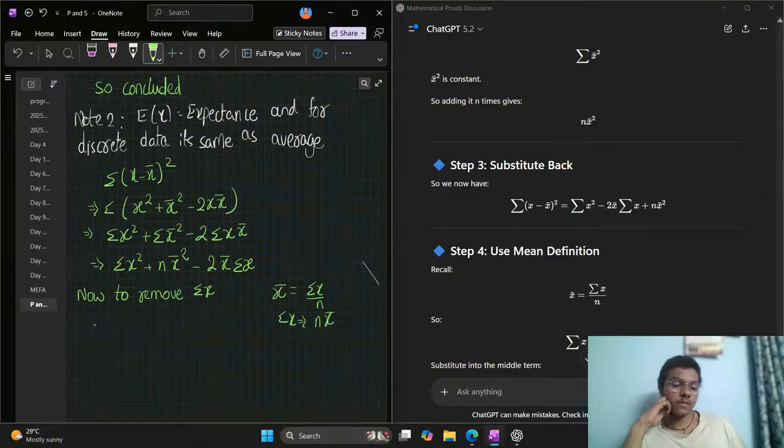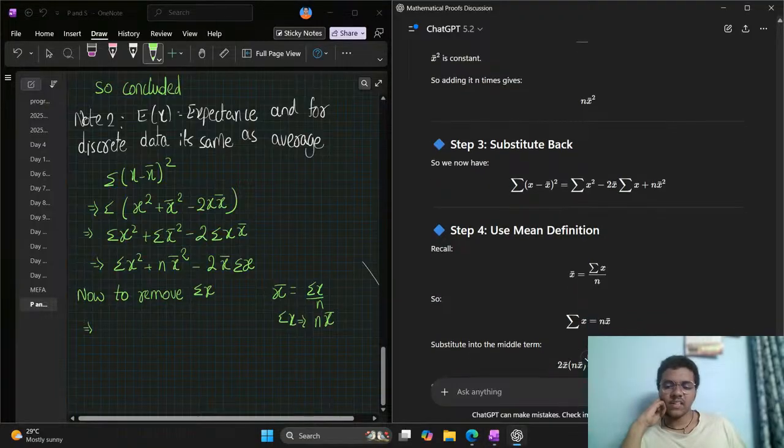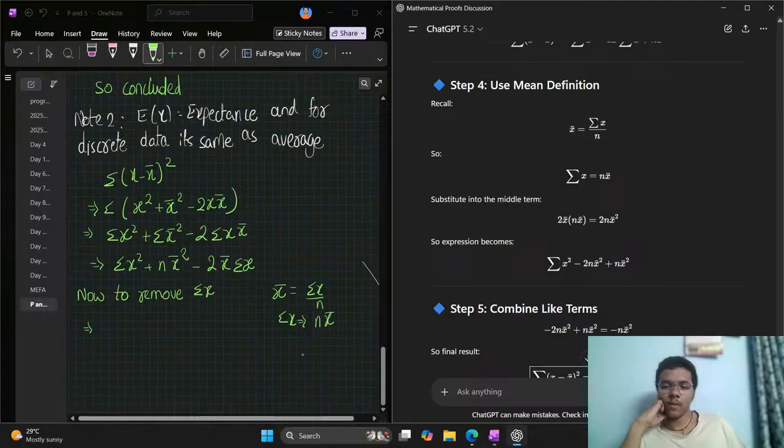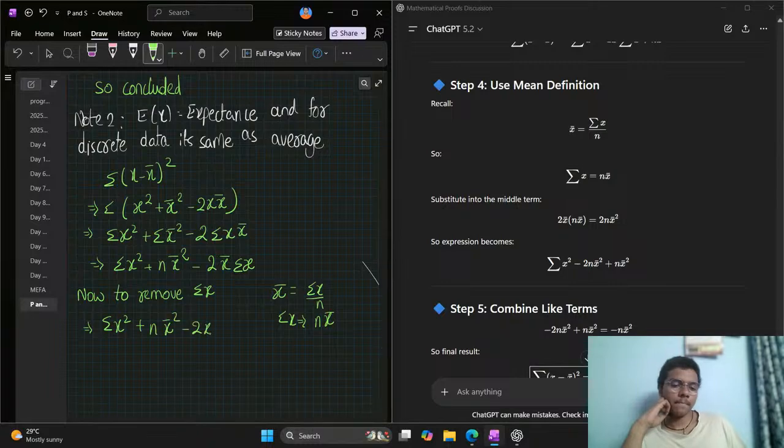It is as simple as that. So for sigma x square, you don't need to mess with it. You just need this, sigma x is n x bar. Is that it?